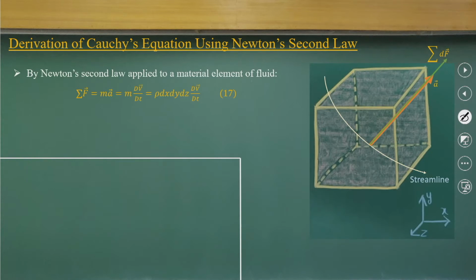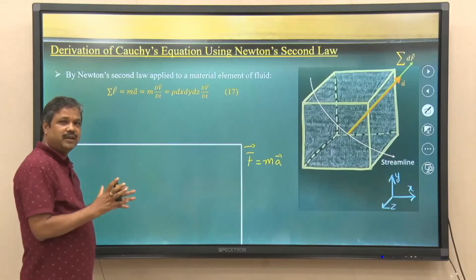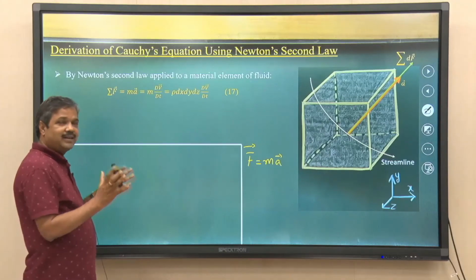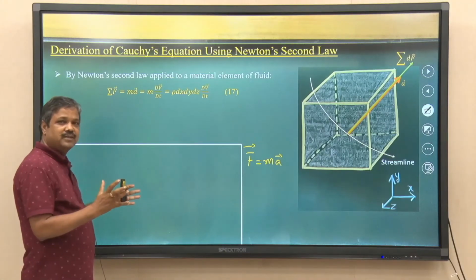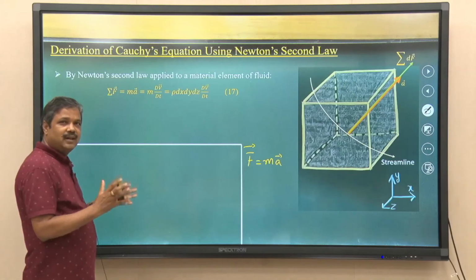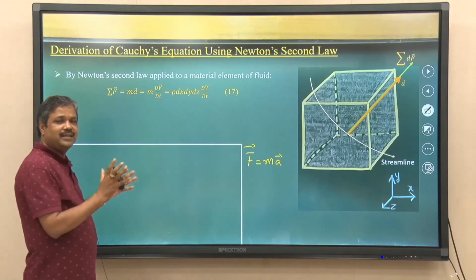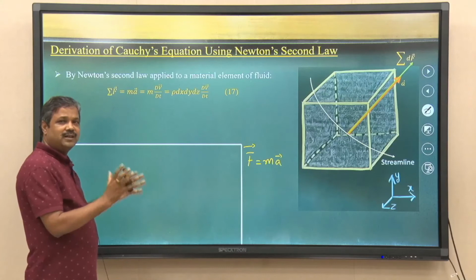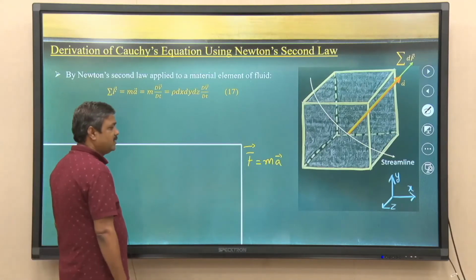The same concept we are talking about, that we know from Newton's second law, force is equal to mass into acceleration, but we are talking about a control volume. That is the difference. The control volume is acted on at the surface by surface stress tensors, as well as body forces, which is the gravity component we are considering.